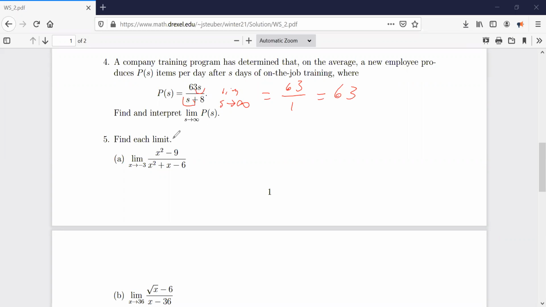If I were to have 63 S squared over S plus 8, then because S squared grows so much faster than the single power of S on the bottom, it's going to approach either positive or negative infinity, depending on the ratio of the coefficients.